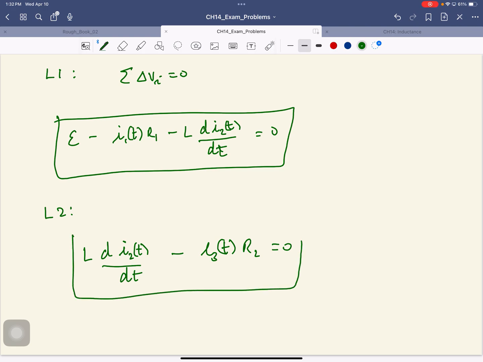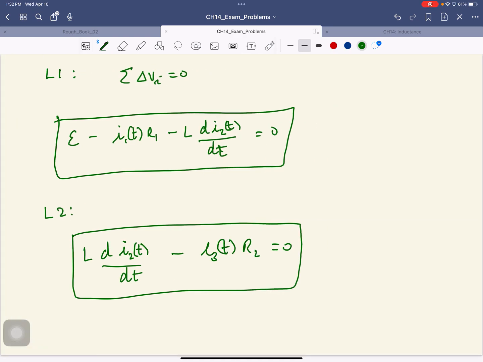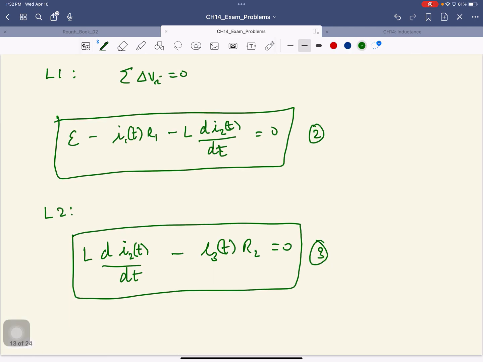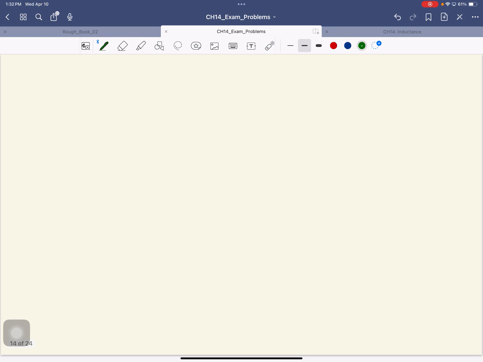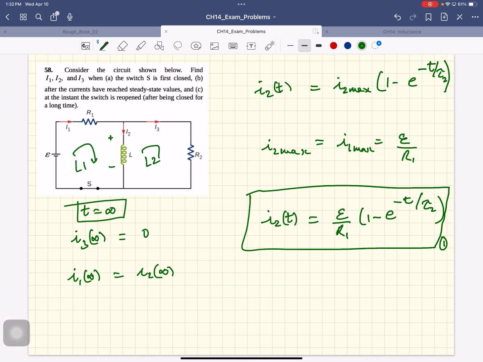All right, so here's what we're going to do. We're going to use this I2 and substitute it in here. Let's call these equations 1, 2, 3. We'll substitute 1 into 3. What was 1? 1 was I2(t).